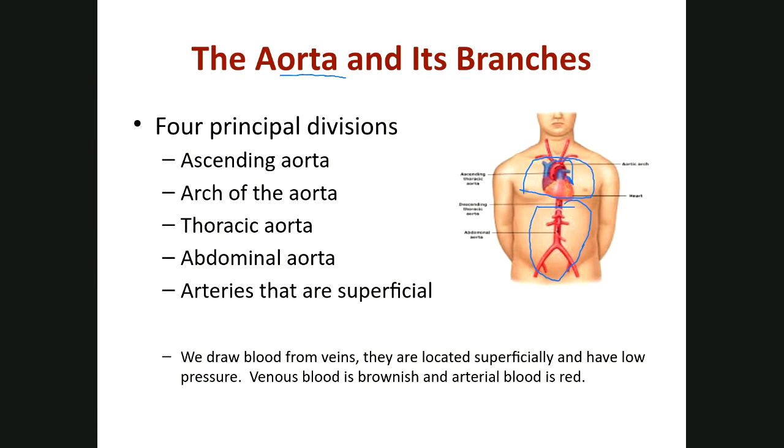When it crosses the diaphragm, which is the respiratory muscle that separates the thoracic cavity from the abdominal pelvic cavity, then this aorta in the abdominal cavity is called the abdominal aorta. Then it'll go further into the lower limbs, and we'll talk about that in the near future.